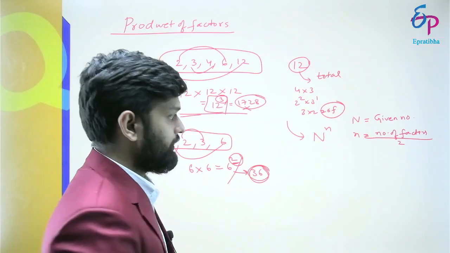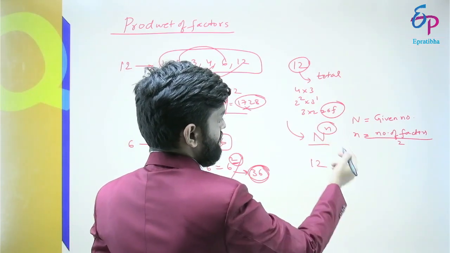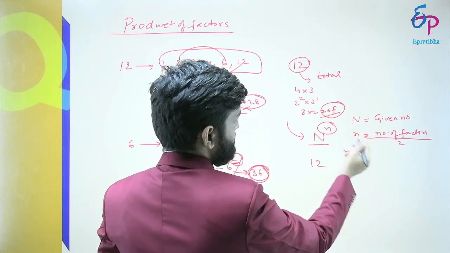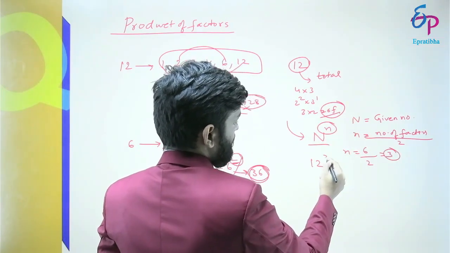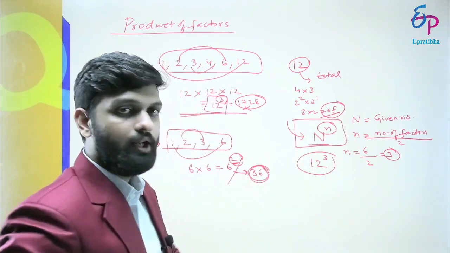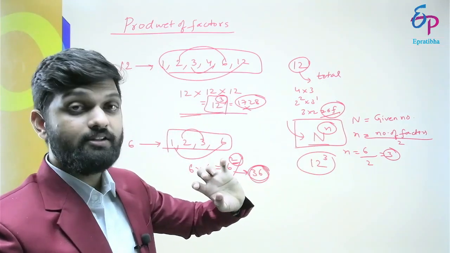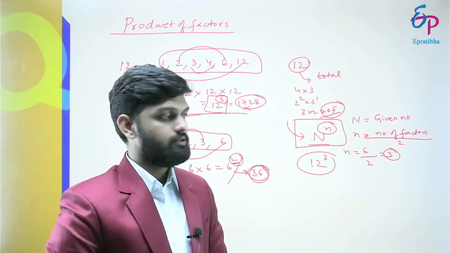So here capital N is 12. Small n is what? Total number of factors are 6, 6 factors by 2, that is 3. So the answer is what? 12 power 3. So what is the formula for finding product of factors? Capital N power small n. Capital N is nothing but the given number. Small n is nothing but number of factors divided by 2.